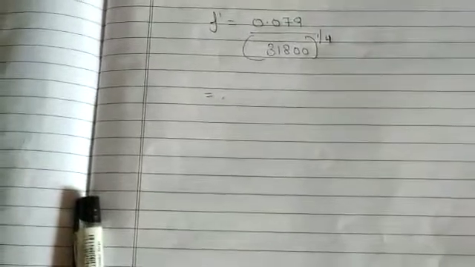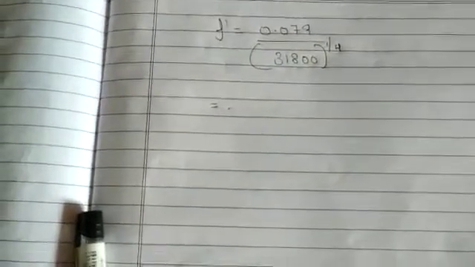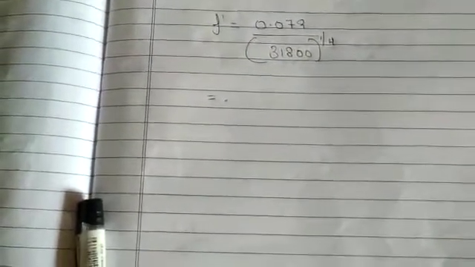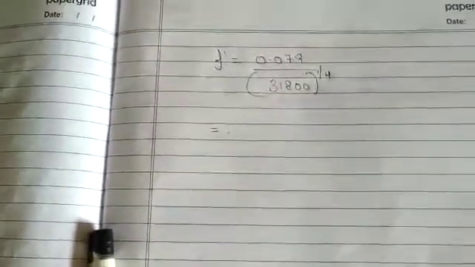Now, which formula? I will go for the second formula. So my F dash is equal to 0.079 divided by the Reynolds number 31800 raised to 1 by 4. I'm just calculating here.